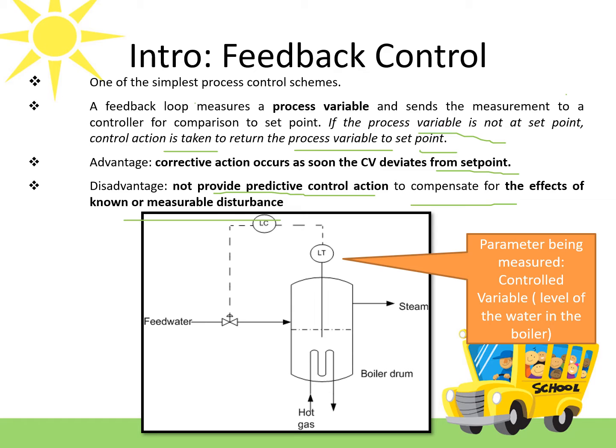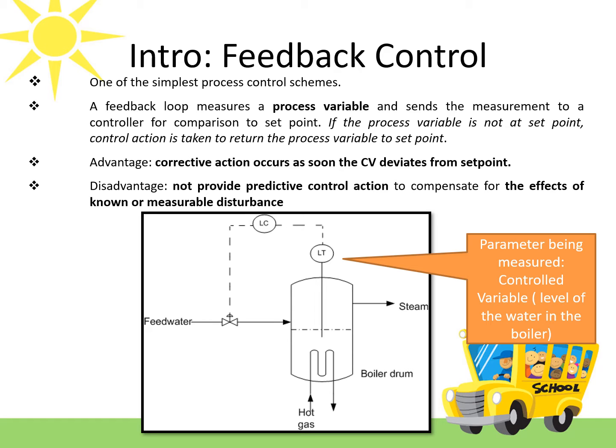So if you want to measure a disturbance, what you can do is add a feed-forward control. Feed-forward control will measure the disturbance and then try to proactively adjust the final control element in order to anticipate or predict the effect of the disturbance before it creates a deviation from the set point.